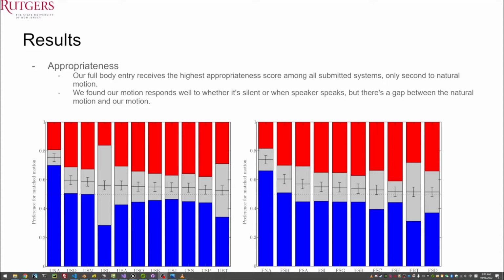The second reason may be the usage of all the input features, including the Mel spectrogram, MFCC, prosody, and laughter. These multimodal inputs provide a lot of information for the model to learn to properly align speech with gestures, as our predicted gestures are pretty responsive to when the speaking starts and pauses.